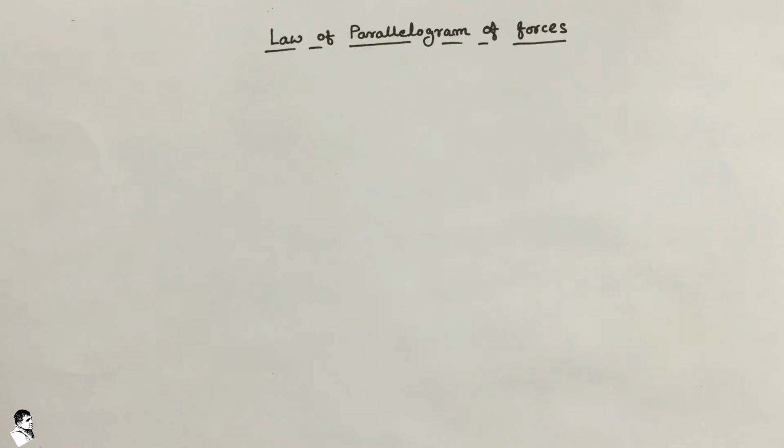Now we understand the law of parallelogram of forces. This is generally used to find the resultant of only two forces which are not parallel. If you want to use it for a system that consists of more than two forces, then it is used a number of times.